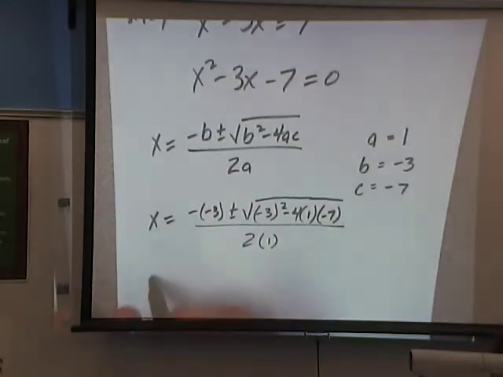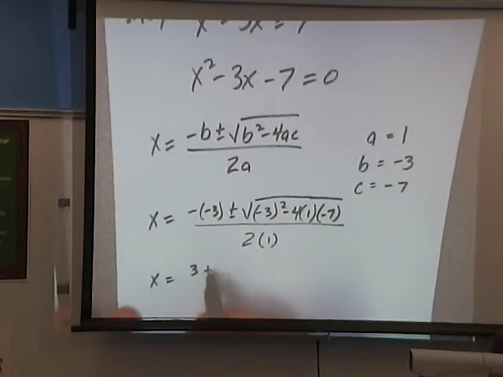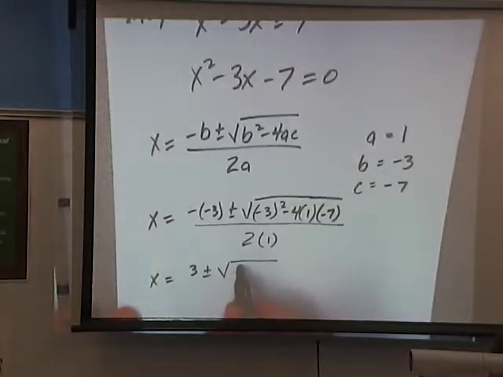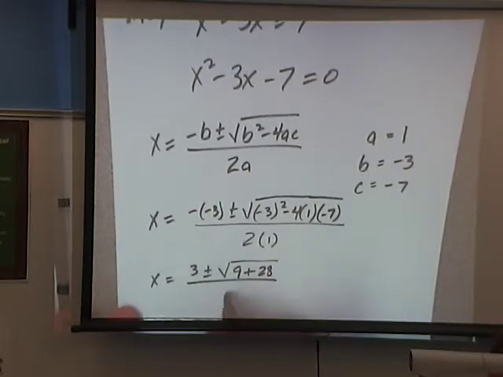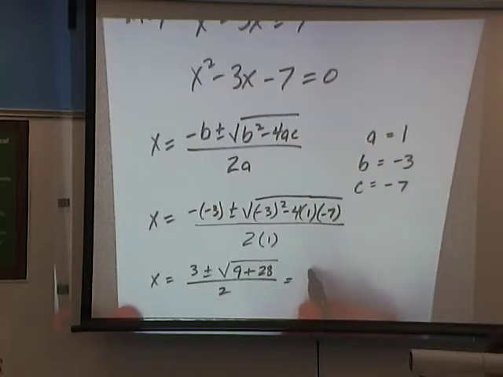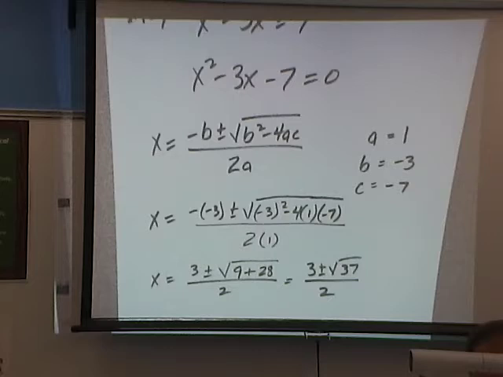So that's going to give me 3 plus or minus the square root of 9 plus 28. 4 times 7 is 28. All over 2. So that's equal to 3 plus or minus the square root of 37 over 2. 37 we cannot simplify. So there's your answer.